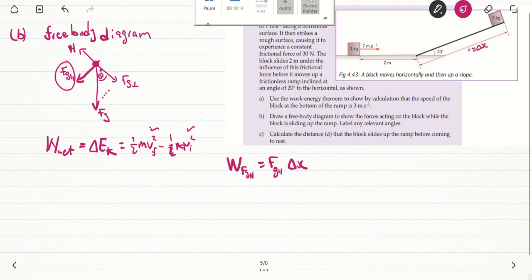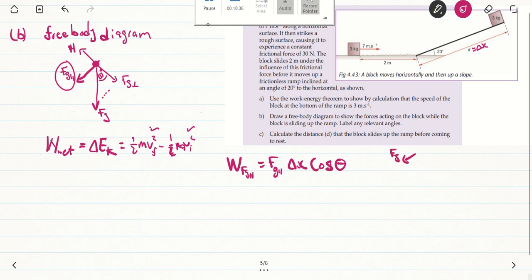Delta x in this case is D cosine theta. So the block, while moving up the ramp, the parallel component of the force of gravity is pushing against it. It's pushing in this direction.